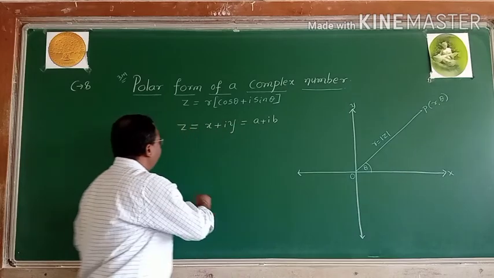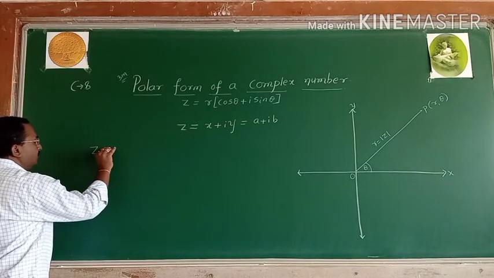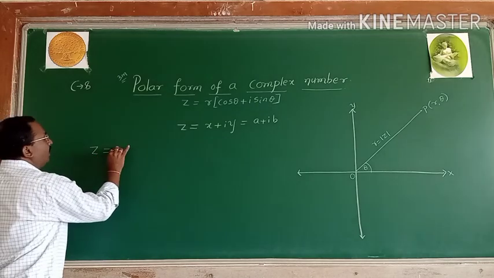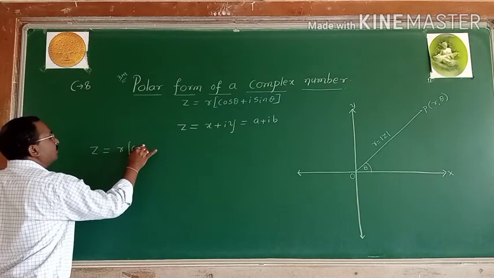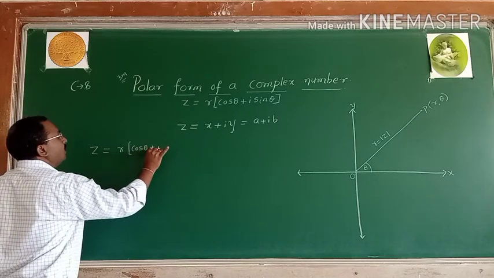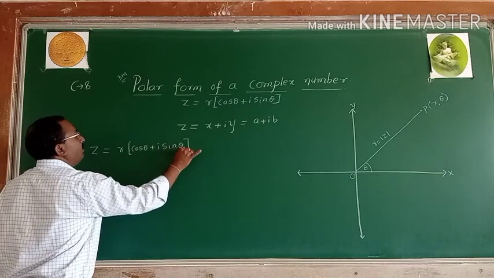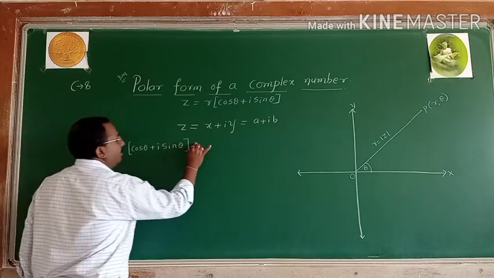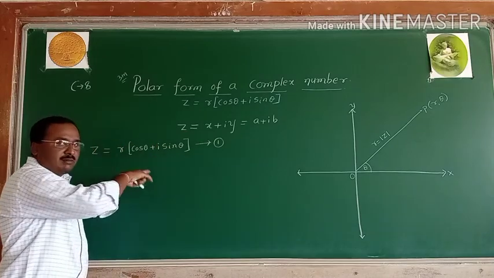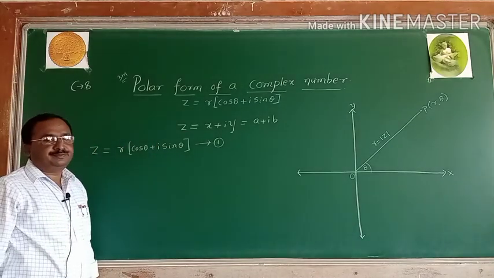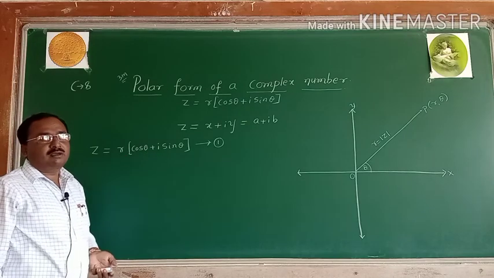Then z is equal to r times cos theta plus i sin theta is called the polar form of a complex number.